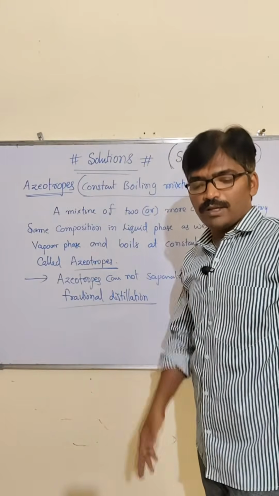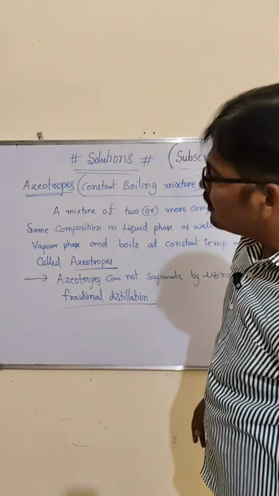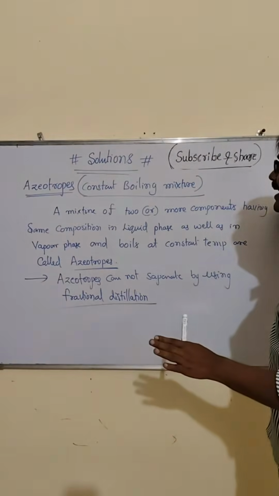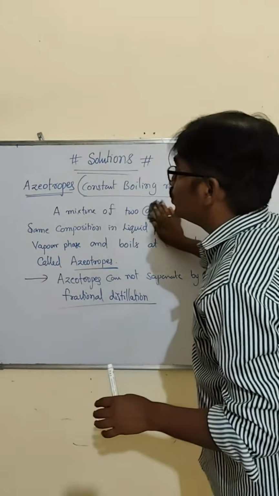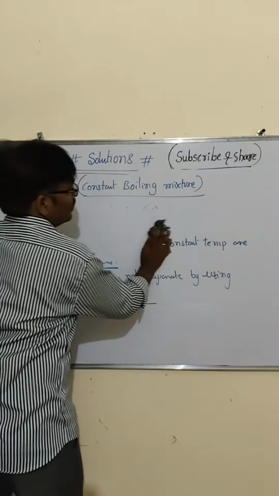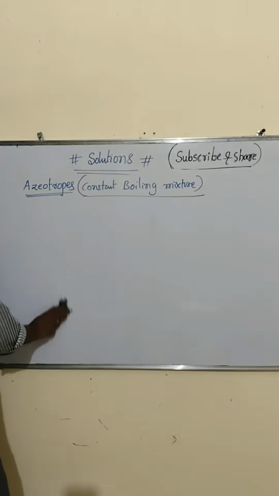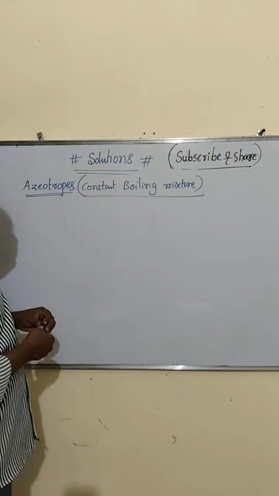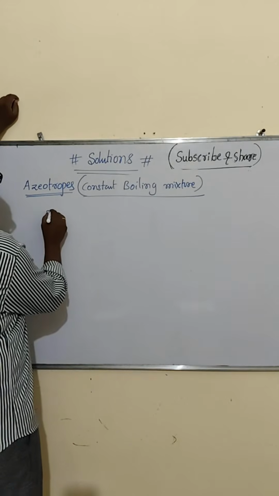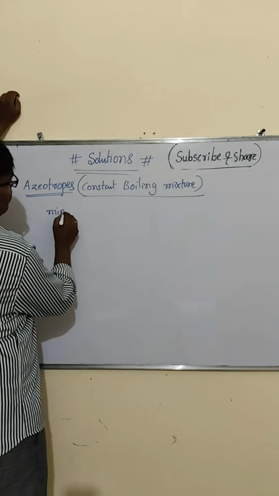Azeotropic mixtures are of two types: minimum boiling azeotropes and maximum boiling azeotropes. Both we will discuss now. What are the minimum boiling azeotropes and what are the maximum boiling azeotropes? I told you that azeotropes are of two types.